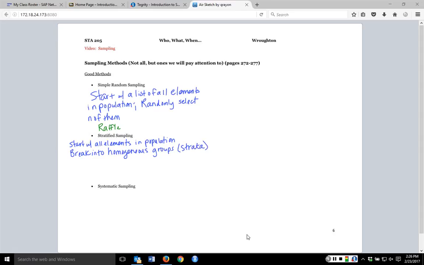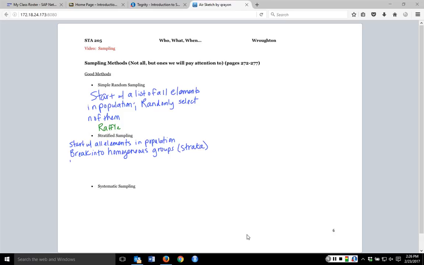So for example, I might start with a list of all undergraduate students at NKU, and then I'm going to break them into their majors. So I'm going to have, here's my business majors, here's my STEM majors, here's my computer science majors. So I'm going to break them into homogeneous groups, and I need to already know what that is.